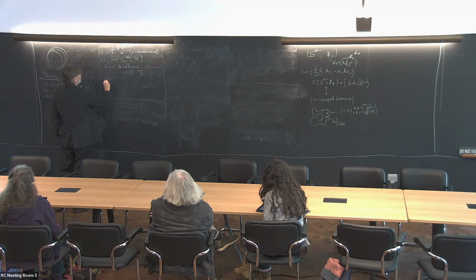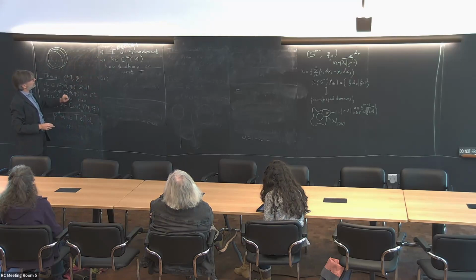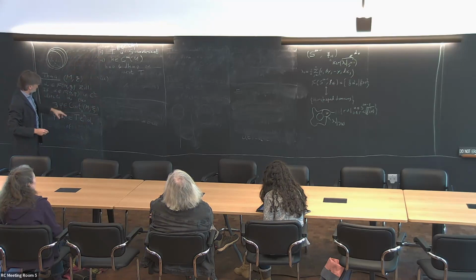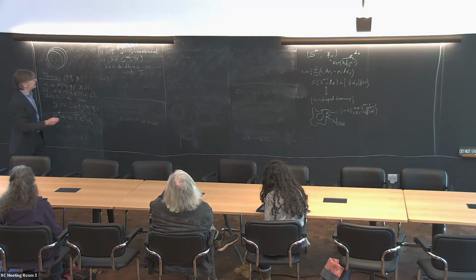The third property, which is in a sense a consequence of the two once you quantify them, is that T gives a variational principle for detecting short periodic orbits.